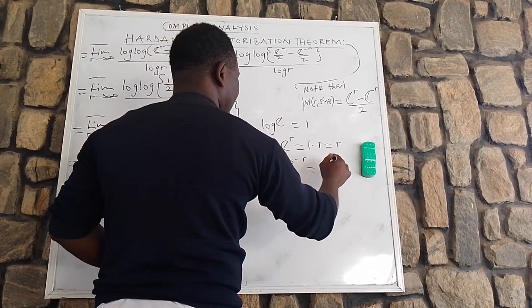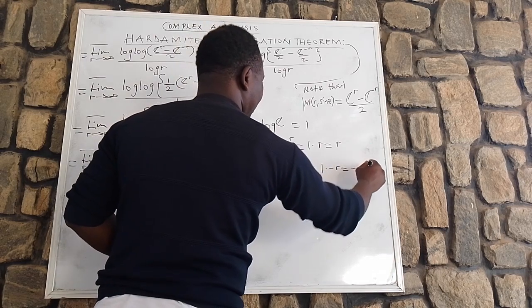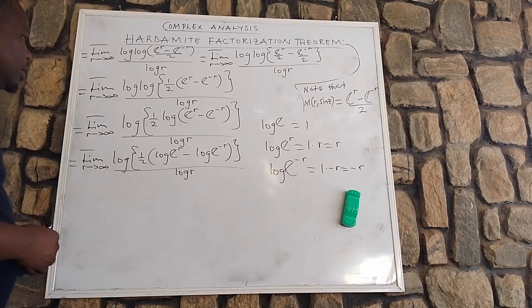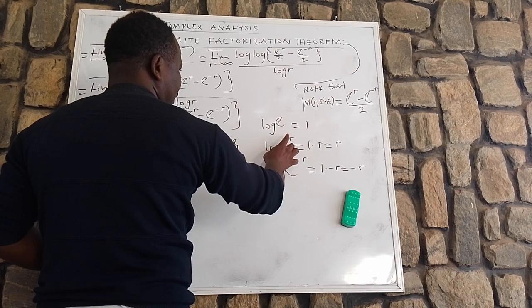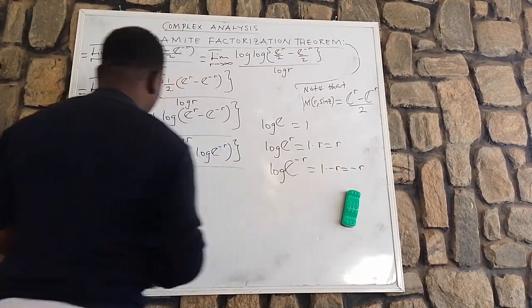This is the same thing as 1 times minus R, which is minus R, true or false? Do you agree with me? So instead of this, we write R, and instead of this, we write minus R.